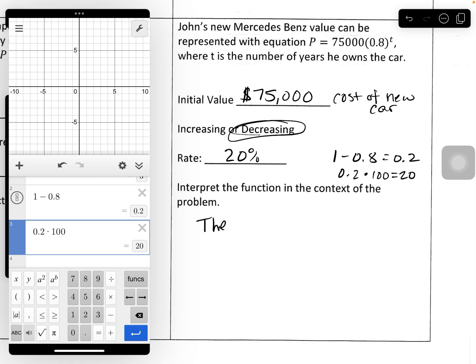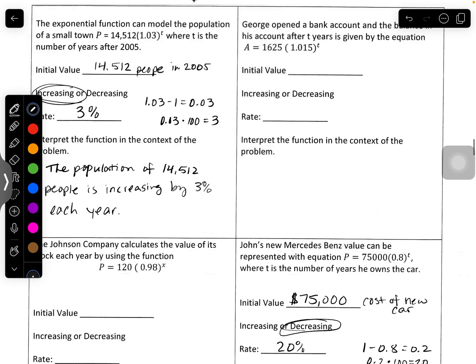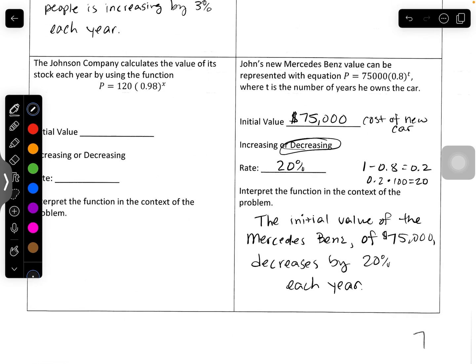The initial value of the Mercedes-Benz of $75,000 decreases by 20% each year. I'll have you complete the other examples and the rest of your packet.